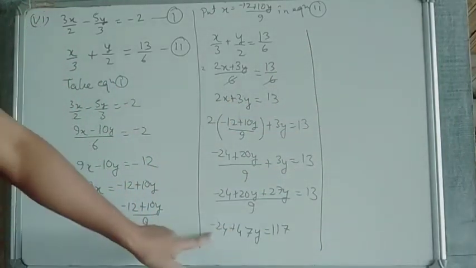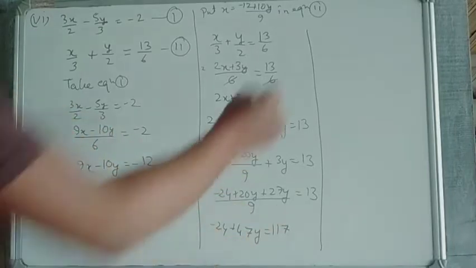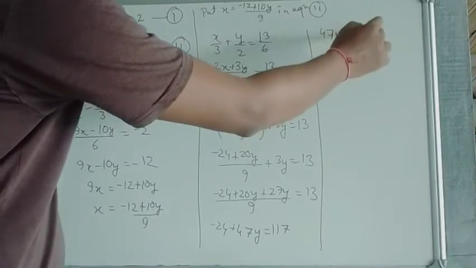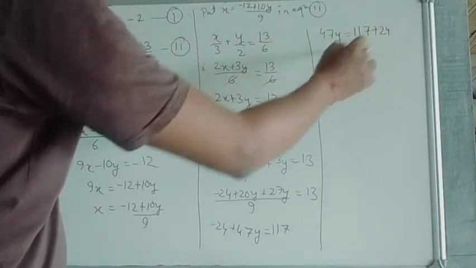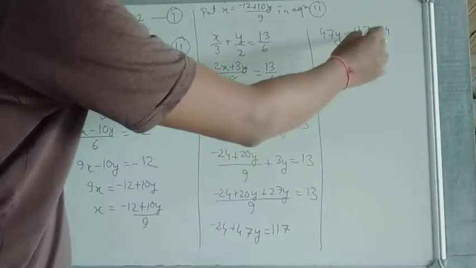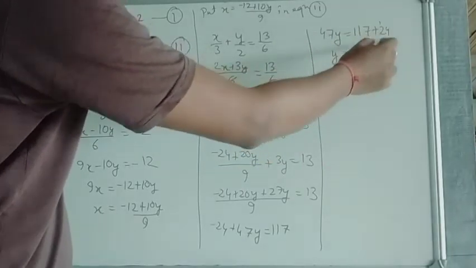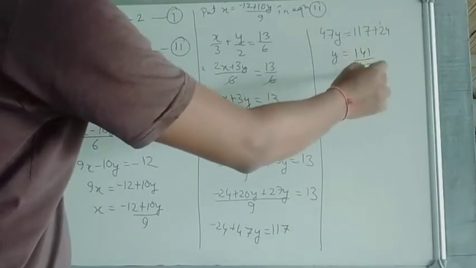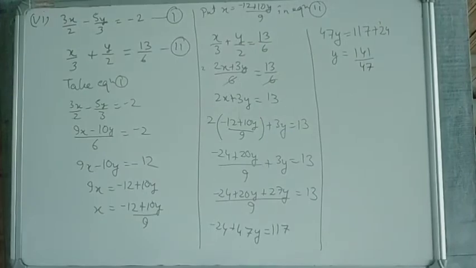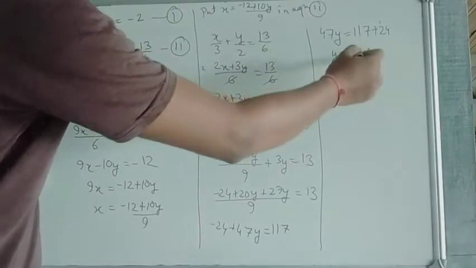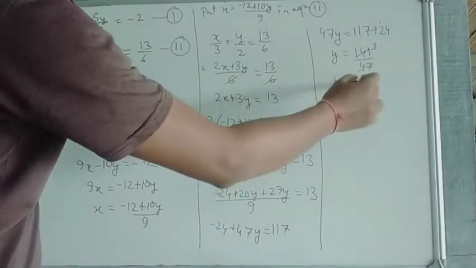Now again solve it, 24 will go that side, 47y is equal to 117 plus 24, y equal to this one. If you add 7 and 4 is 11, 2, 3, 4, 141 by 47. So in the table of 47, if you try, it will go by 3. So y is equal to 3.